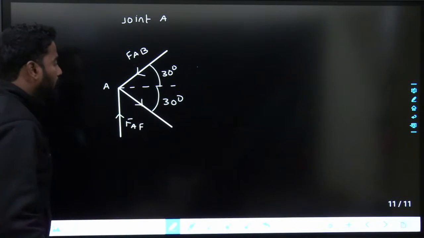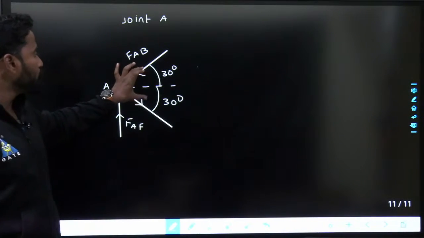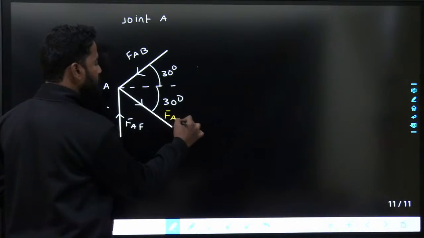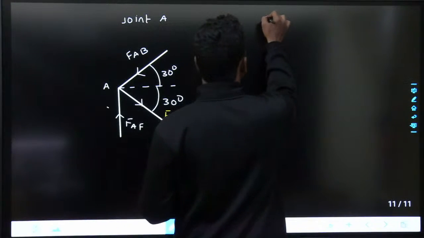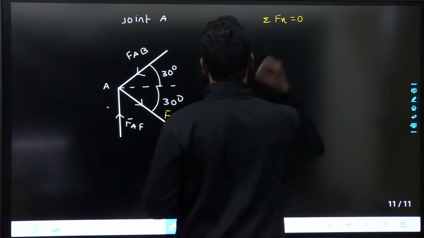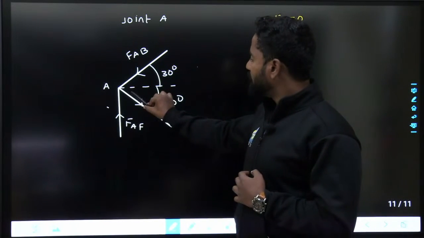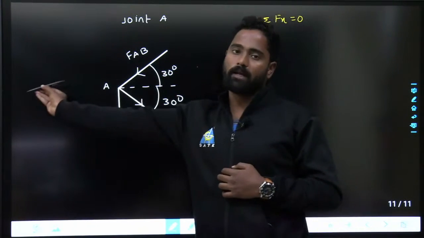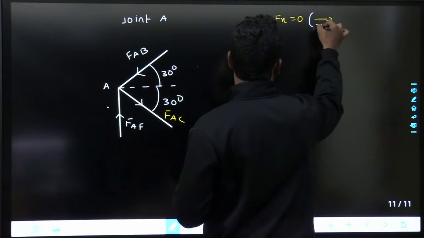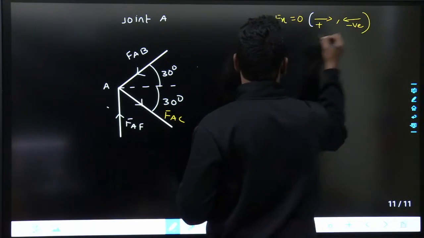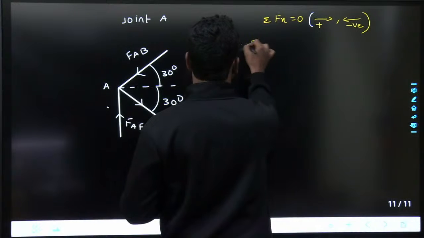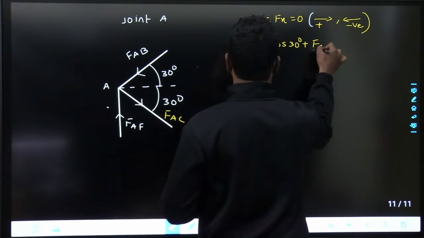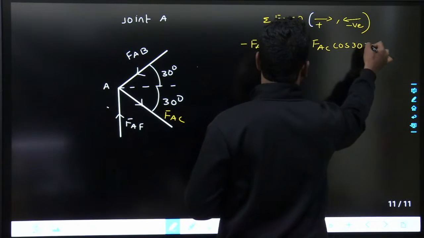Now at this joint, if I take the summation of forces in the x direction, there will be only AB and AC, there will not be any AF. So sigma Fx equals 0: FAC cos 30 and FAB cos 30. Taking rightwards positive and leftwards negative, minus FAB cos 30 plus FAC cos 30 equals 0.